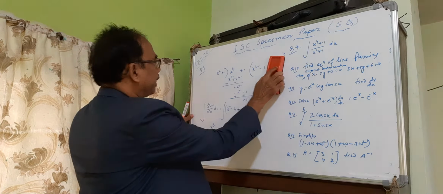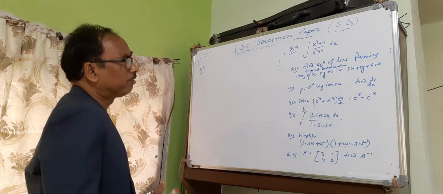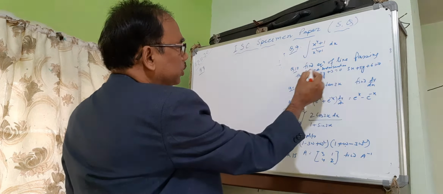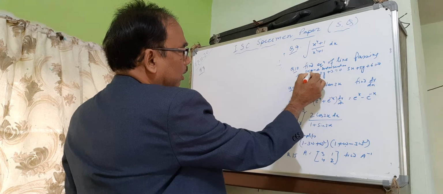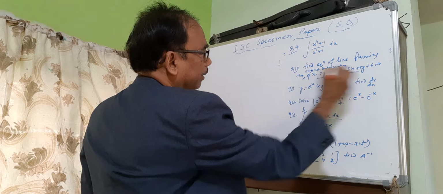Next, sum number 10. Question number 10 is given. Find the equation of a line passing through origin and the intersection of these two lines.